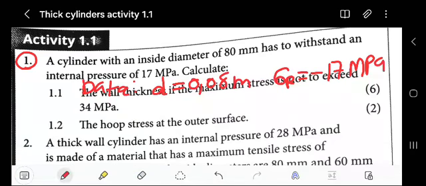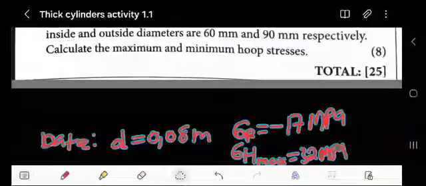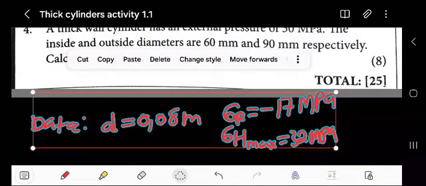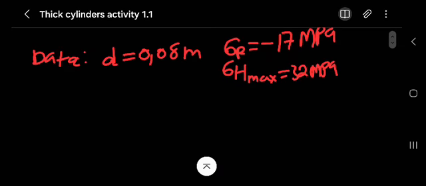And the maximum hoop stress is 32 megapascal. So this is the information we have, our data. Pretty simple.